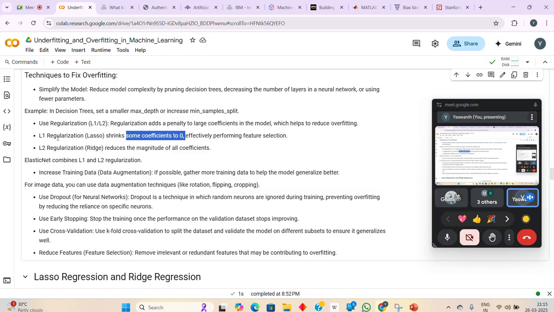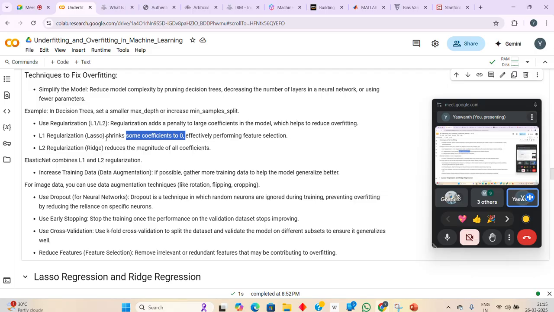So in L1 regression, the concept is that it will focus on shrinking some of its coefficients to zero. We reduce the impact of the coefficients. That is what L1 regularization does.